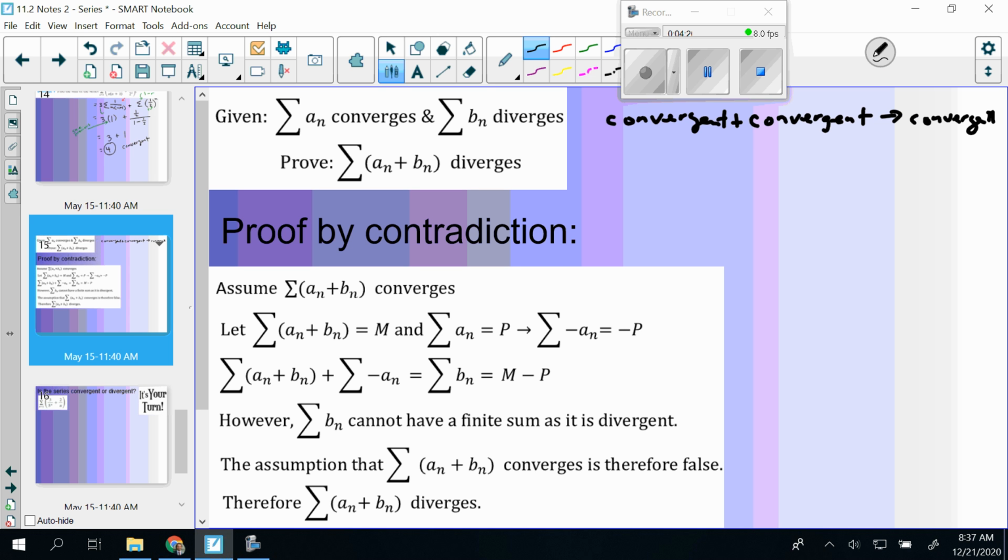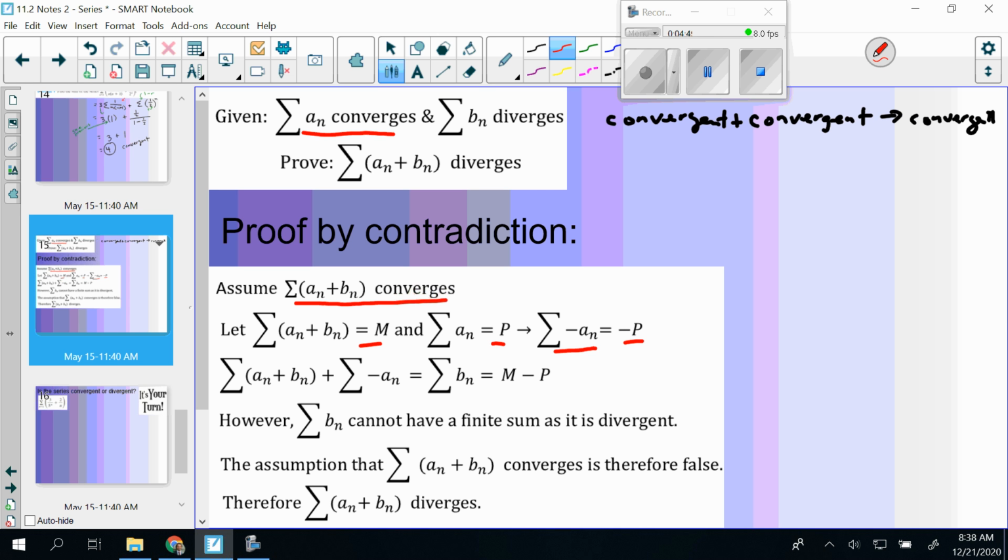This proof by contradiction works by, we're going to say the sum of these converges. So if it converges, it's going to have a sum m. And we said the sum of a of n converges, and we're going to say that sum is p. So if we multiplied it by a negative, the sum of the opposite of a of n would be negative p.